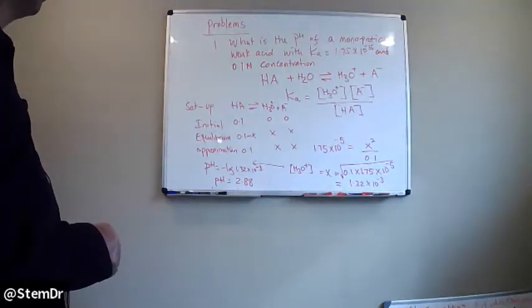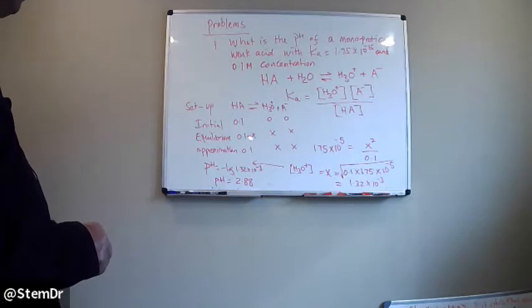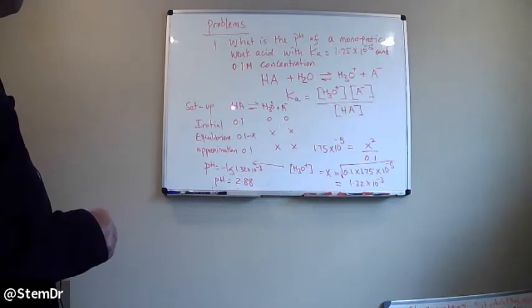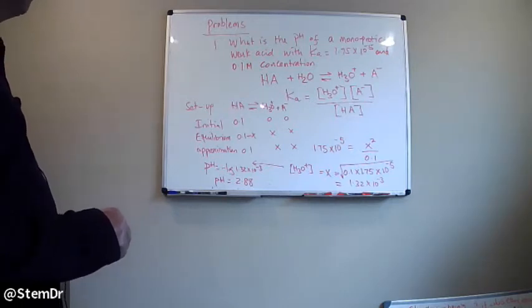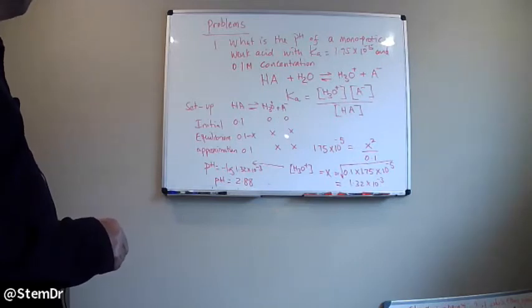But at equilibrium, some of it would dissociate. That means X amount would dissociate to form the hydronium and the conjugate base in equal amount, X and X, because this is 1 mole of a monoprotic acid. You would have equal amount of hydronium and conjugate base.